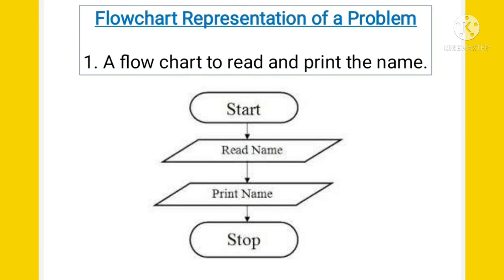Now we are going to see some of the flowchart representations of a problem. First one, a flowchart to read and print the name. So first we are going to use the start symbol to show the start of the program, then read the name, then print the name, and at the end we are going to stop by using the stop symbol.